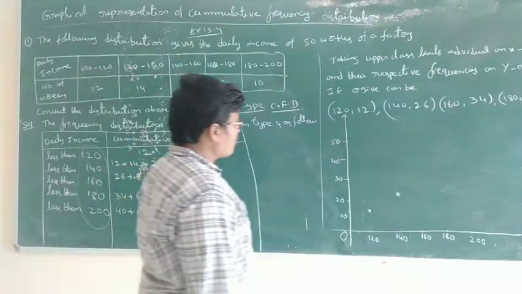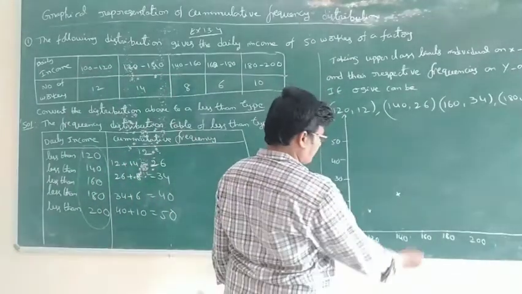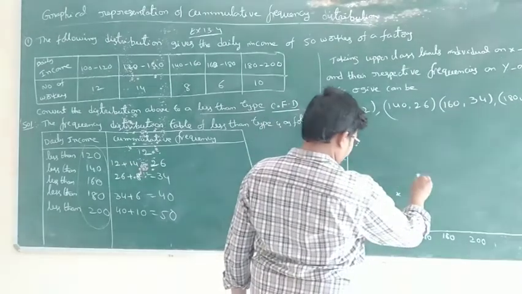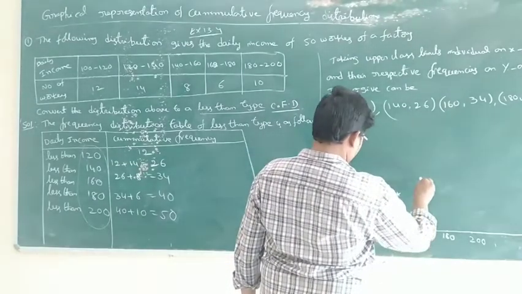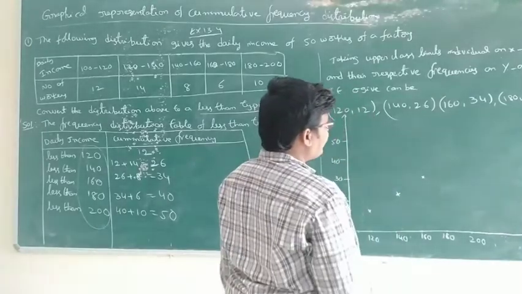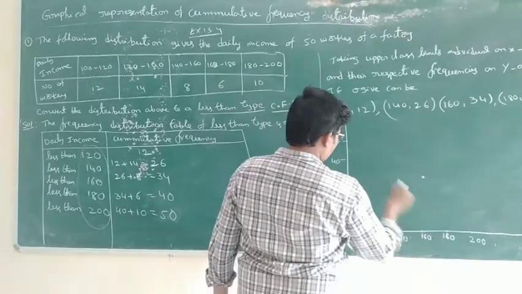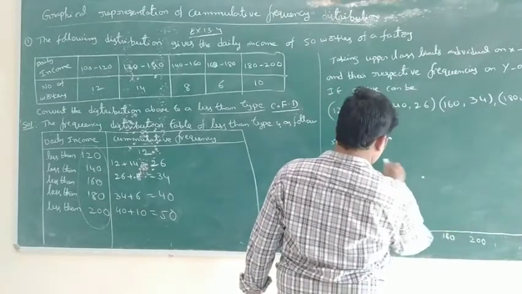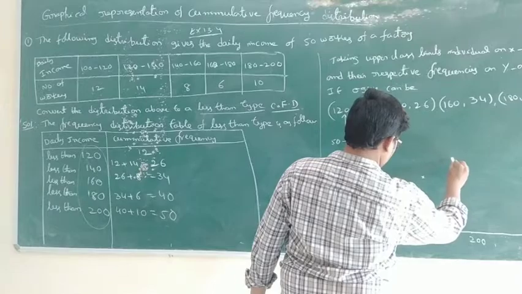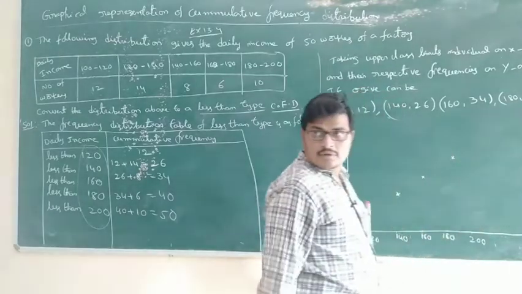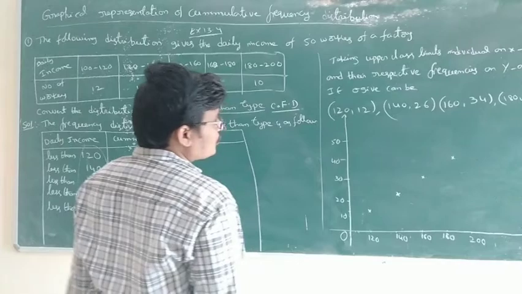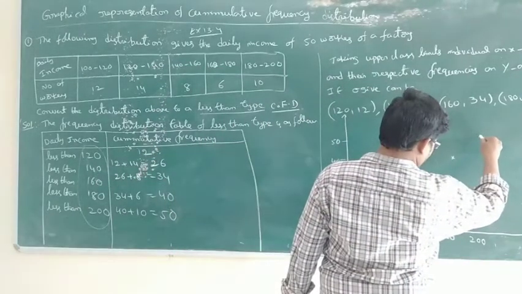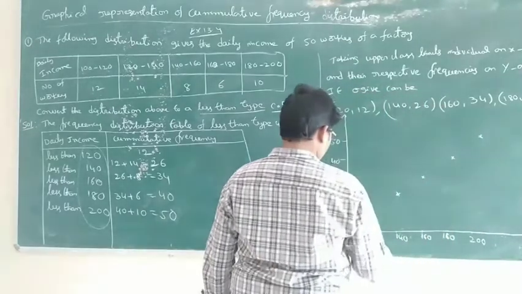Next 160 with 34, near this. 180 with 40. Next 200 with 50. This is the graph.